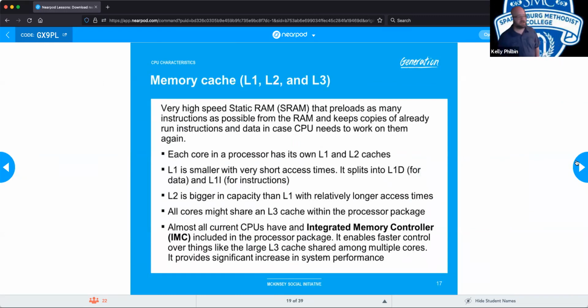Now, we also have the IMC, which is included in the package as well. It's the integrated memory controller. It allows for much faster control of things like the L3 cache, sharing it among the multiple cores, and an increase in performance. Like we said earlier, it is kind of like a traffic cop, pointing everybody in the directions they need to go, pushing the information where it needs to be, and helping share the load as much as possible to get as much efficiency as it can.